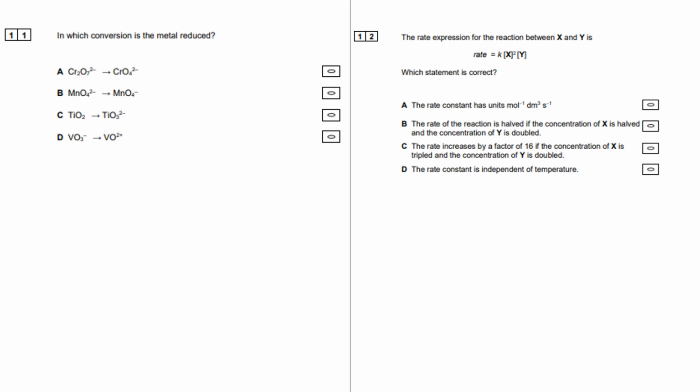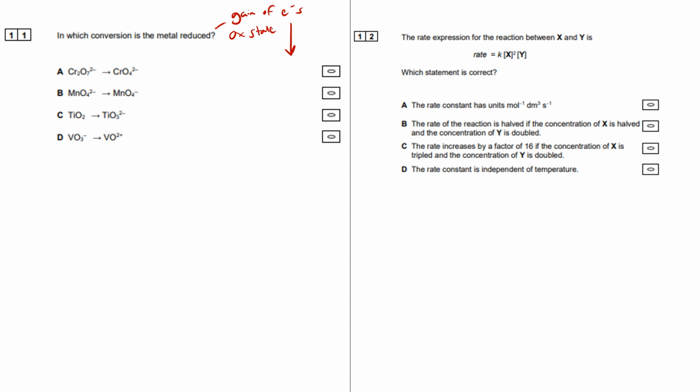Question number 11. In which conversion is the metal reduced? So reduction is a gain of electrons, or where your oxidation state is reduced. Oxidation state is going to become more negative or less positive.